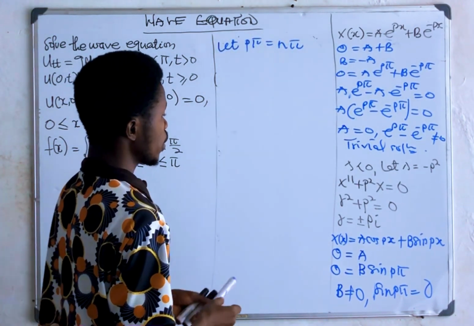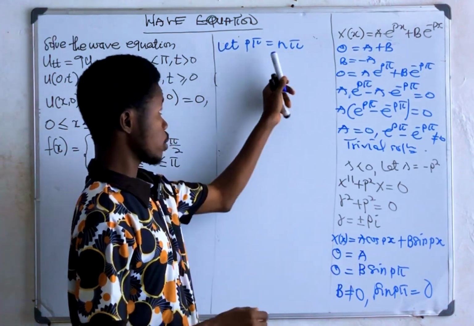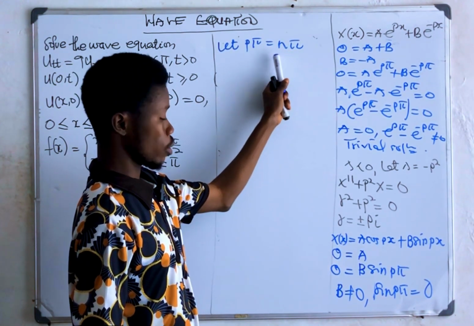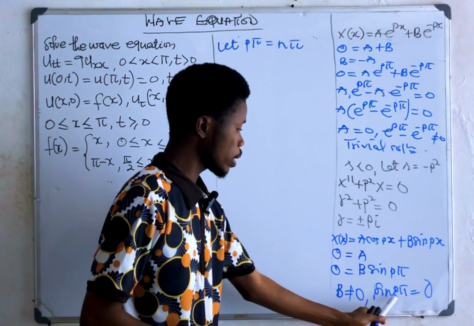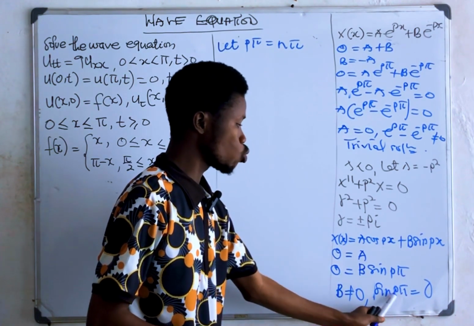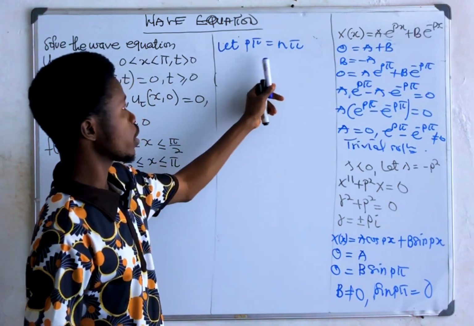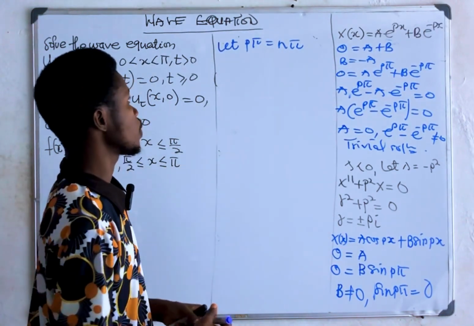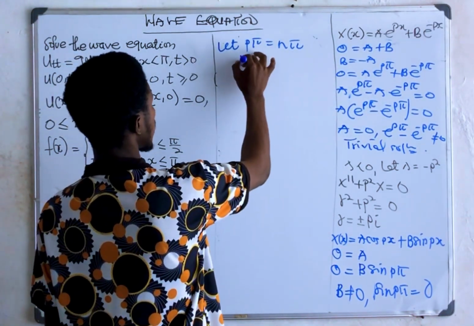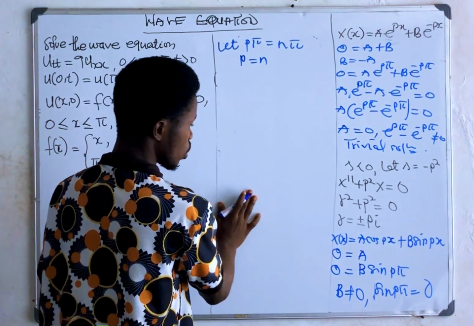Always you let that, so that you represent the p by n. If here is 2p pi, or 3p, 4p, you select 4p to be equal to n pi. They make p the subject. So here it means that our p will be equal to n.